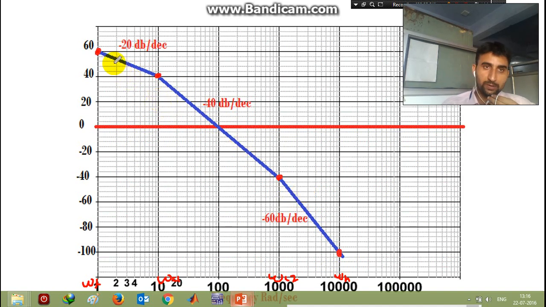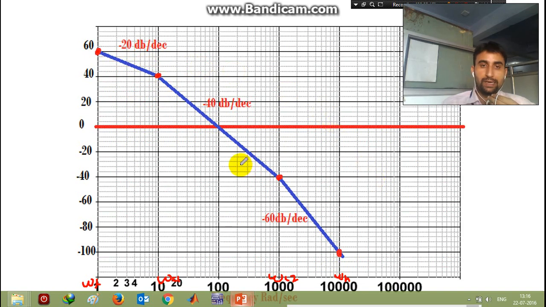You can verify, because the first value is 60 and it has a decrease of 20 dB per decade. So that's why it is called minus 20 dB per decade.